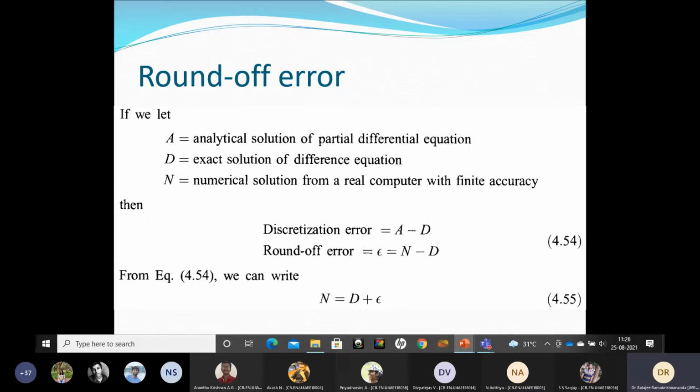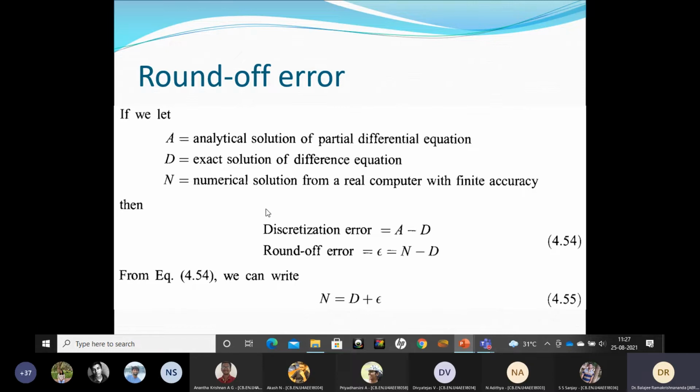Okay. So now the discretization error is the analytical solution of the PDE minus the absolute exact solution of the FDE. That error we are living with. If you want to reduce it, you reduce delta t or delta x.